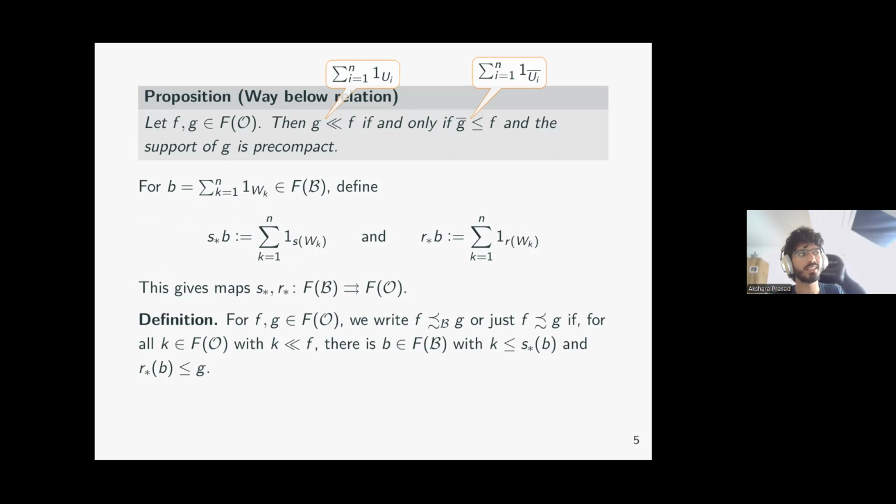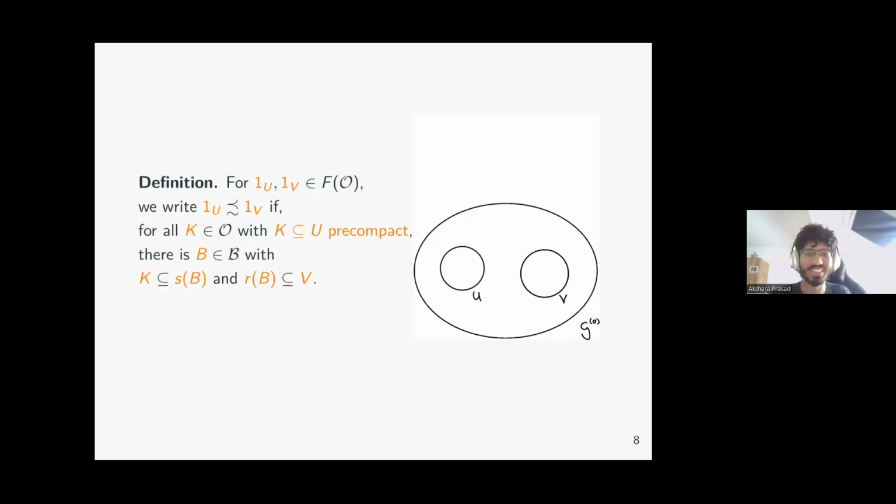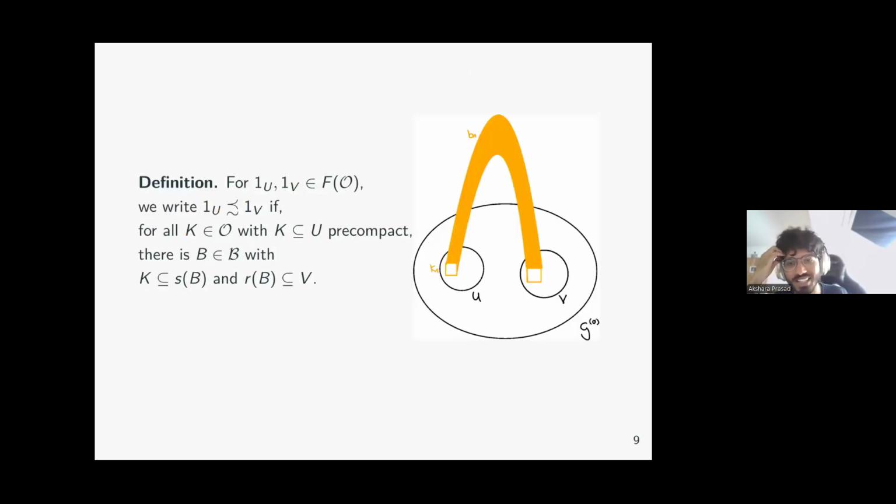Just give me a second. And the Hausdorff case, yeah, okay. Yes, then the square makes even more sense. Yeah, thank you. So K bar, the closure of K, should be in U.